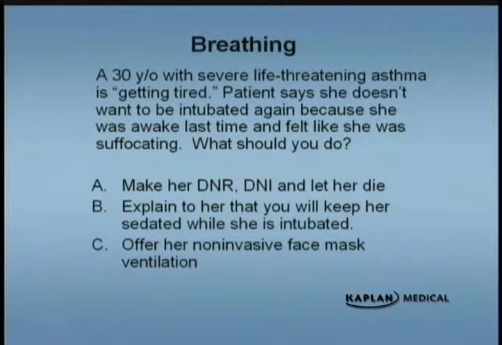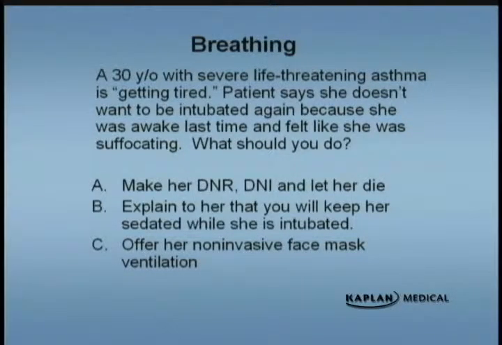You might also see an answer on some of these test questions. A newer technique is called non-invasive face mask ventilation. Traditionally, patients that have endotracheal tubes can be ventilated by 2 methods. One with the bag valve mask, and that gets kind of tiring for the respiratory therapist.